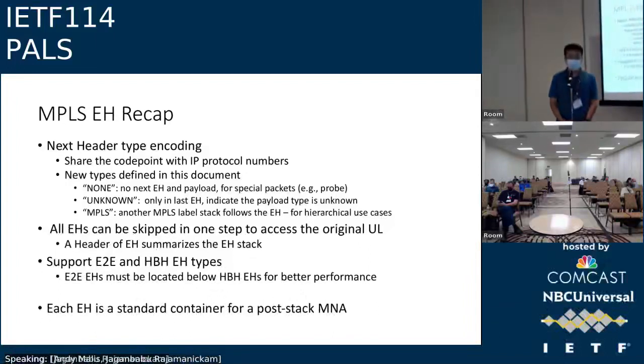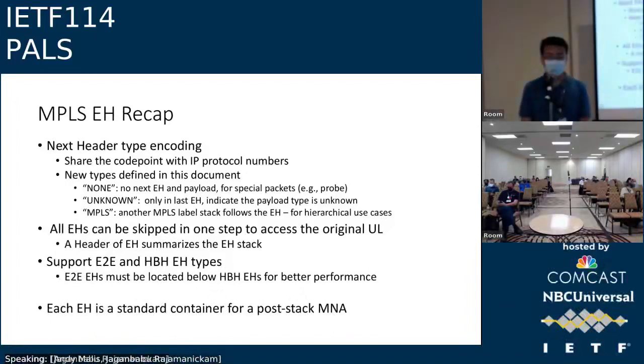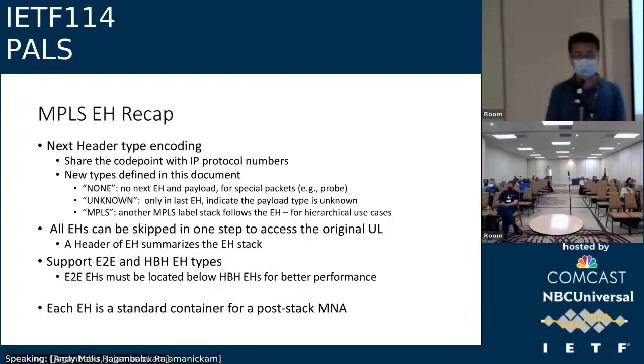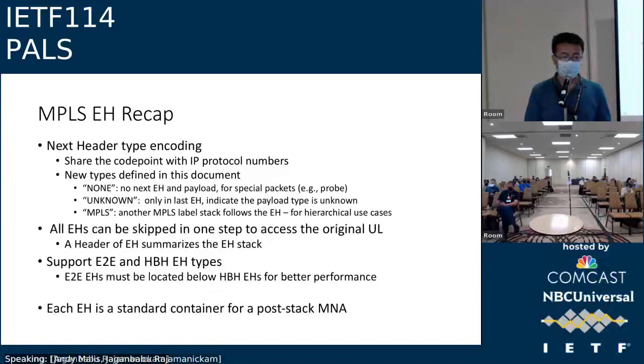So we define several new next header types in this document. First, we want to share the code points with IP protocol numbers, which means we will need to apply for new protocol numbers from the same registry. The first new type defined in this document is none, which means there is no next extension header and the payload follows this extension header.